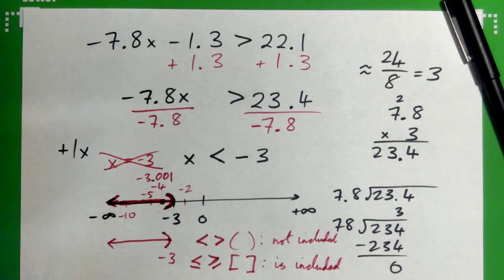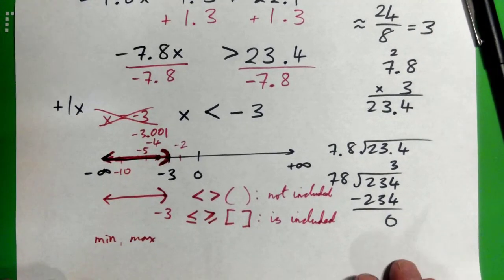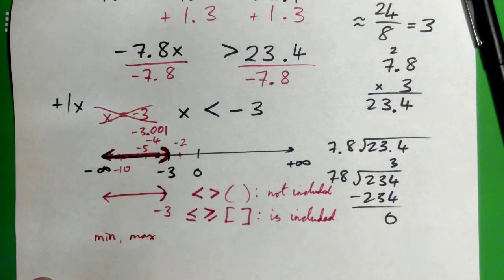Okay? And by the way, as an interval, it looks like this. Min, comma, max. What's the minimum and maximum number in this set? Right, the max is negative 3, good. So the minimum is negative infinity, right?